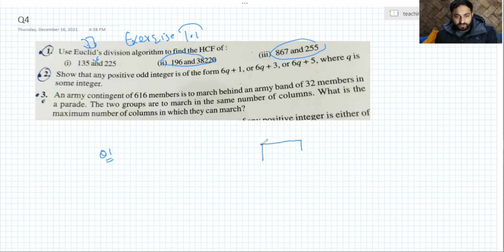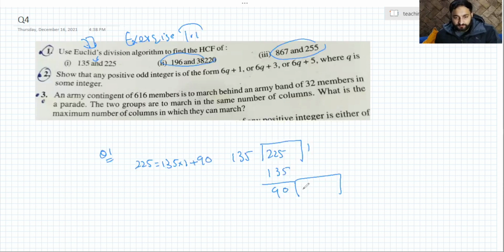You'll place 225 here, 135 here. 225 equals 135 multiplied by 1 plus 90.